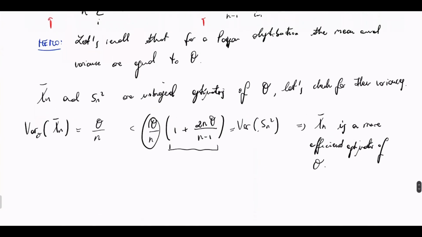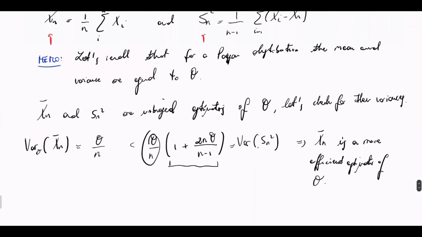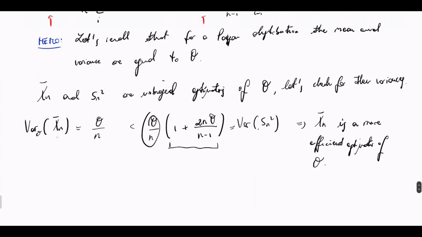That's why we need to ask ourselves, we're using these new objects called estimators, which one is the best one? They're both unbiased, which is a very nice property, and we also can see that when we look at their variances.